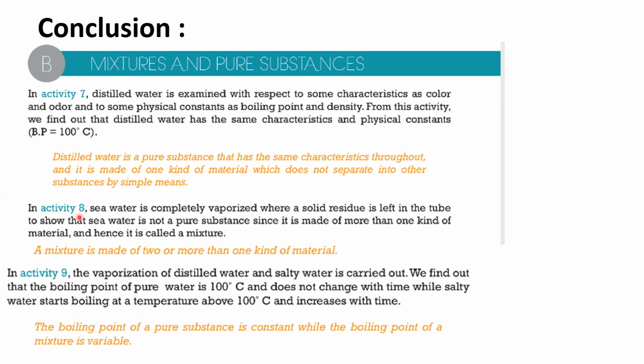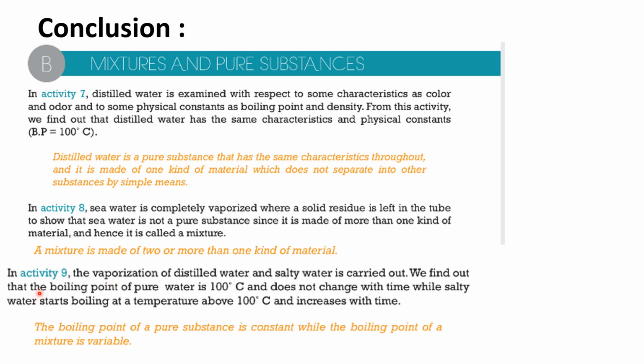In activity 8, seawater is completely vaporized where a solid residue is left in the tube to show that seawater is not a pure substance since it is made up of more than one kind of material and hence it is called mixture. So seawater is a mixture. It's made up of more than one kind of material. A mixture is made up of two or more than one kind of material.